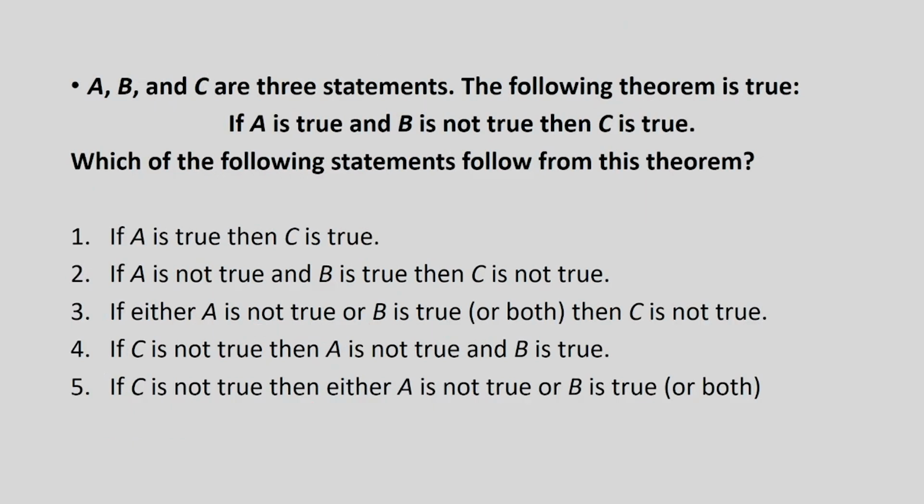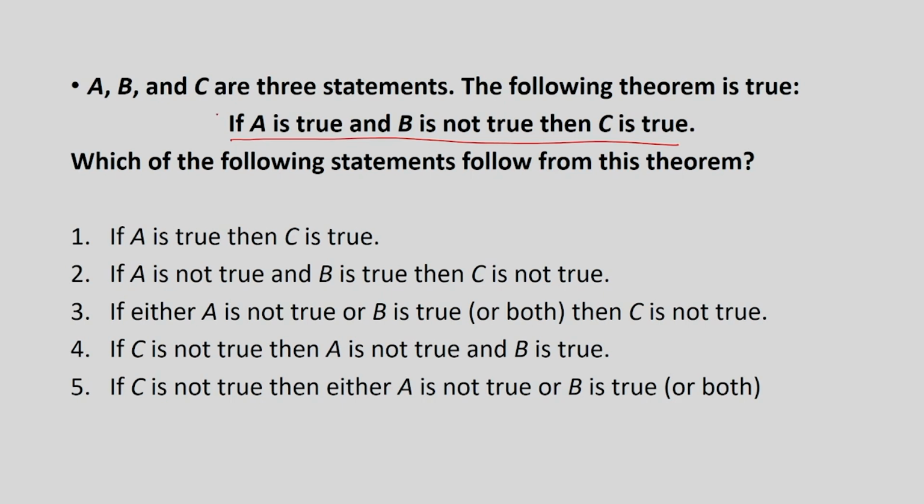Here is another problem from mathematical logic. So, here is the question, A, B, C are 3 statements and the following theorem is true. What is this theorem? Theorem is this. If A is true and B is not true, then C is true.